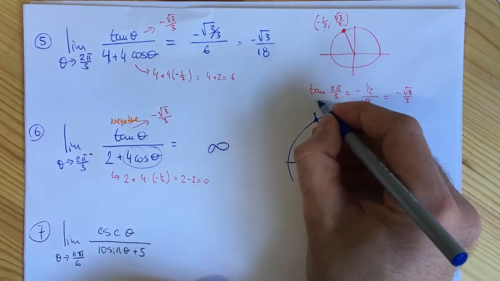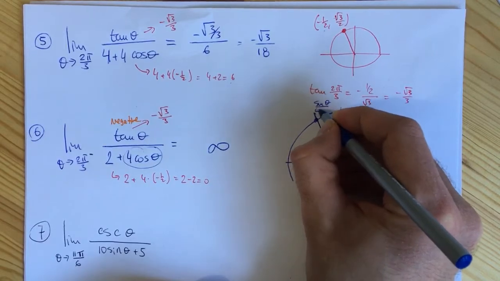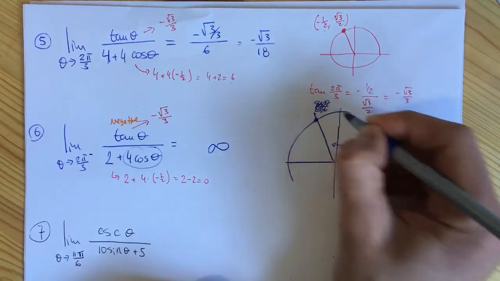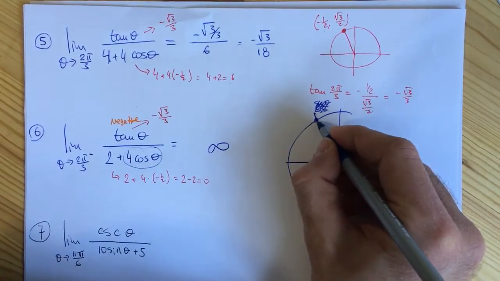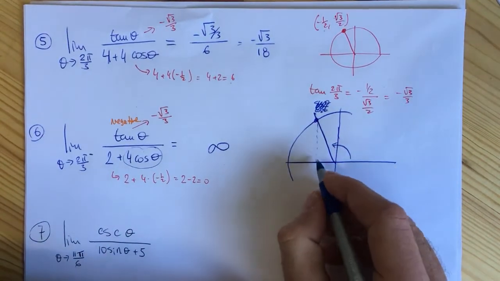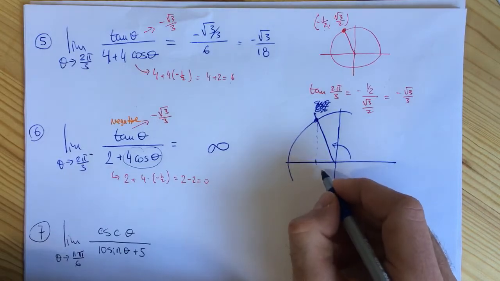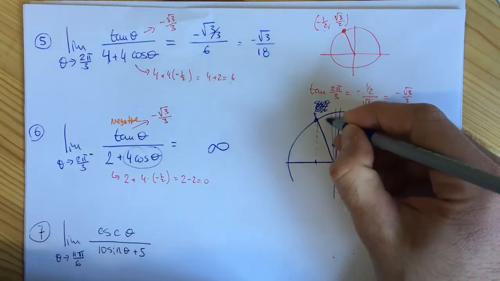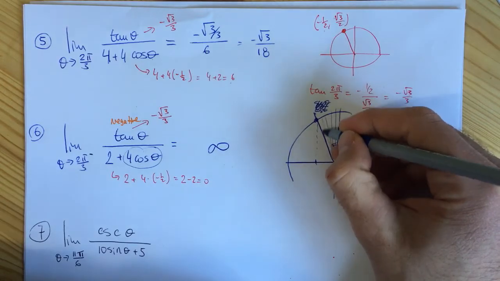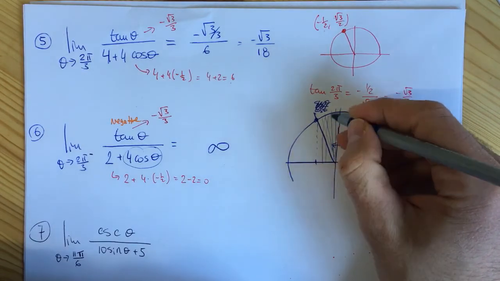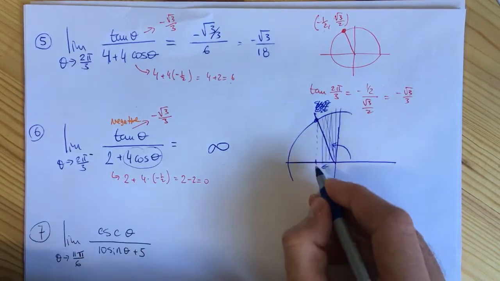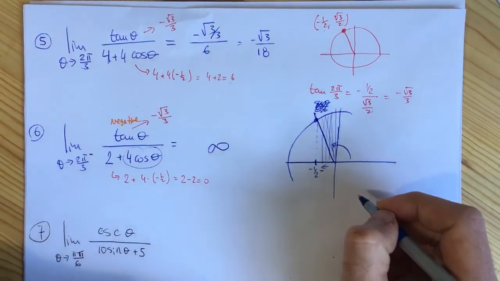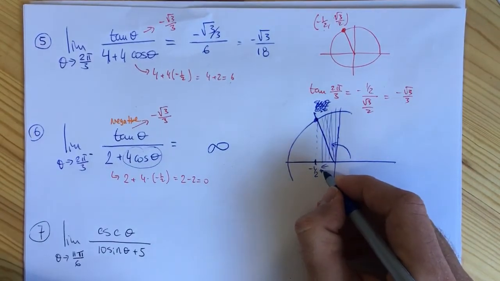Where do we read the cosine values? We read the cosine values on the x-axis. As the angles here approach 2 pi over 3, we can see that the cosine values of these angles are approaching negative 1/2 from the right.